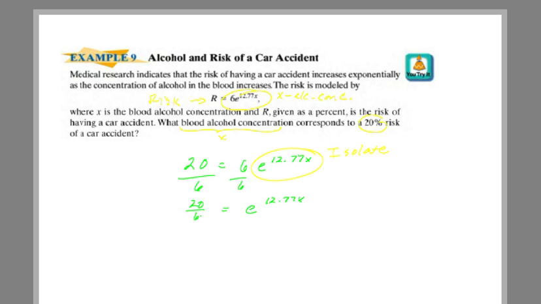Now, to undo this exponent, we're going to have to take the log of both sides, and we'll choose ln. It just works out nice because the understood base is e, and that stuff cancels. ln of 20 divided by 6 is going to be equal to 12.77x. One last operation. Let's divide by 12.77.